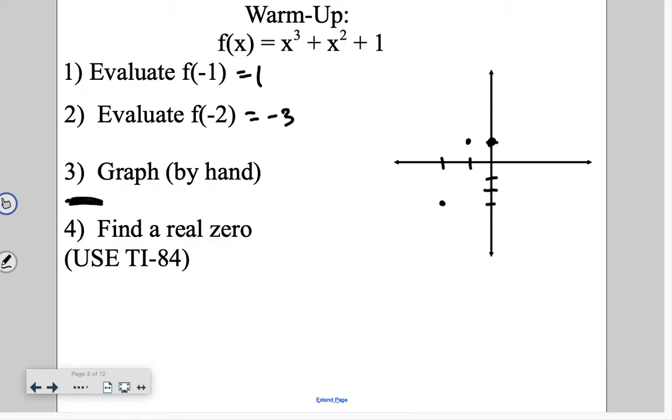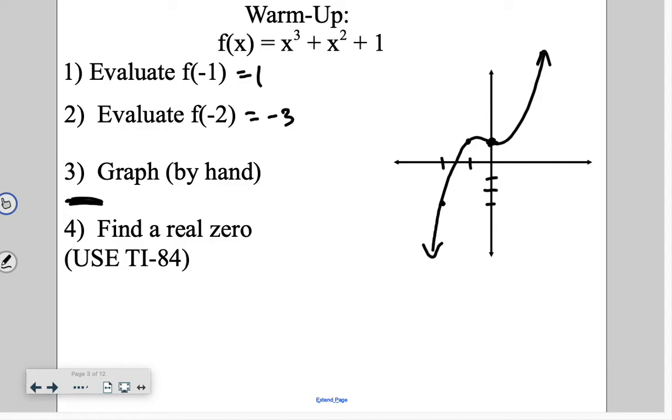And then we look at the fact that we have a positive cubic function, which means the graph is going to look something like this. It's got the general shape of a cubic function, and it's a positive x cubed, so that's got that general increase as you work from left to right.